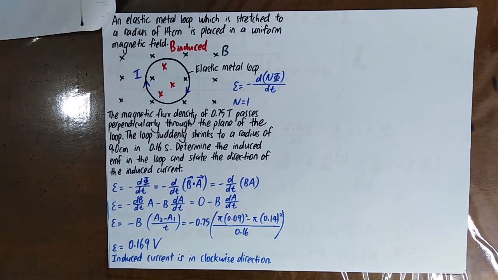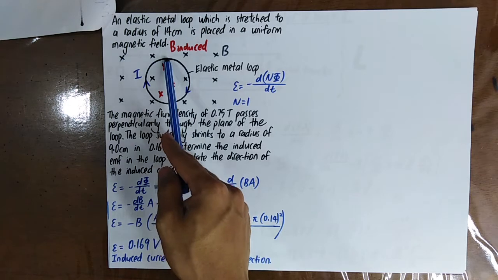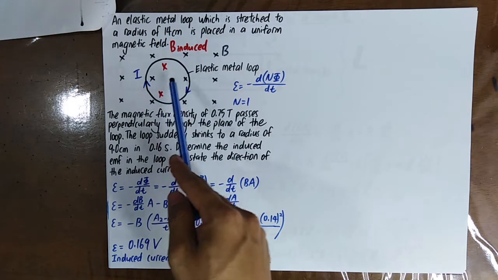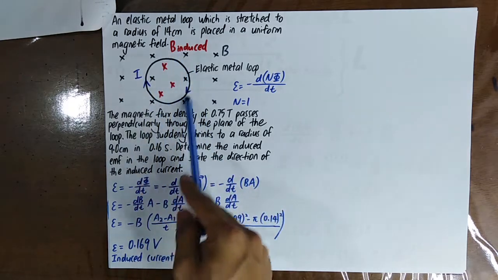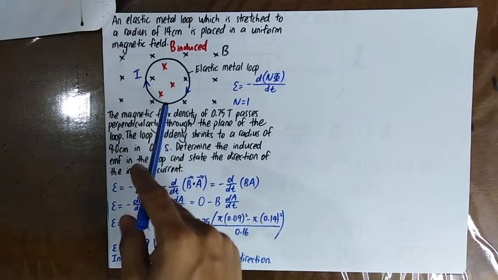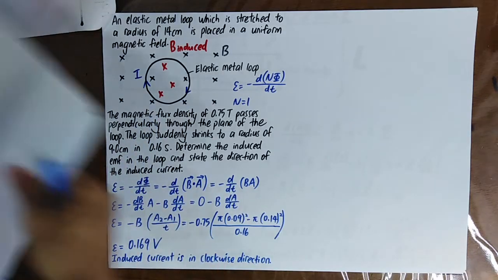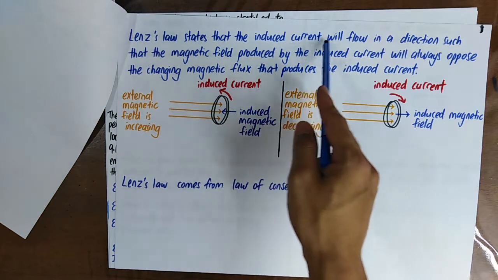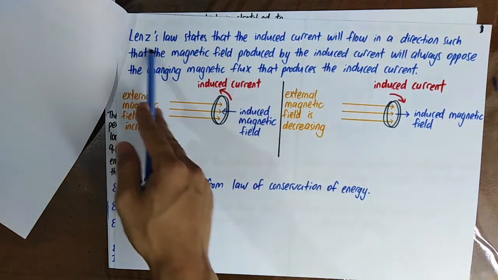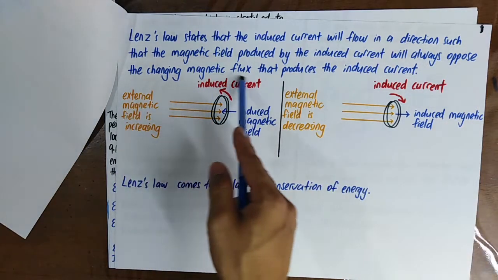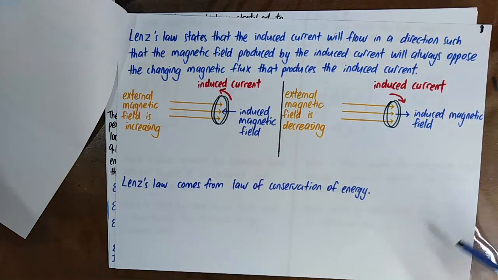And then you know that when the area is becoming smaller, the magnetic flux linkage of the elastic metal loop decreases. So Lenz's law states that the induced current will flow in a direction such that the magnetic field produced by the induced current will always oppose the changing magnetic flux that produces the induced current.